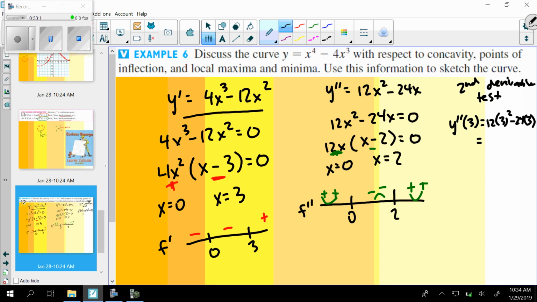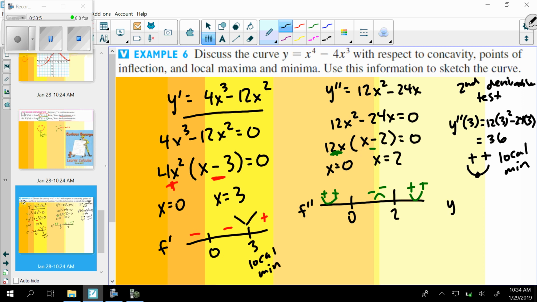That would give us, doing that on the calculator quick, a value of 36. That's a positive value, so that means concavity is positive. So what kind of point is that going to be? This tells us it's a local minimum at 3. And we could also tell that from our first derivative test. If we got decreasing slope into increasing slope, that also tells us 3 is a local minimum. So the second derivative test could tell you.